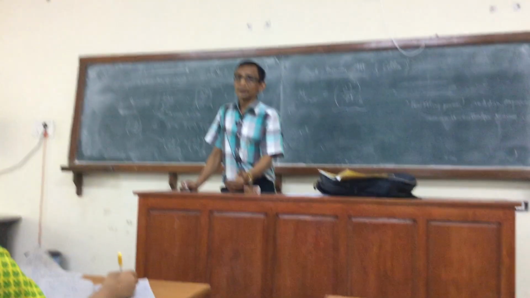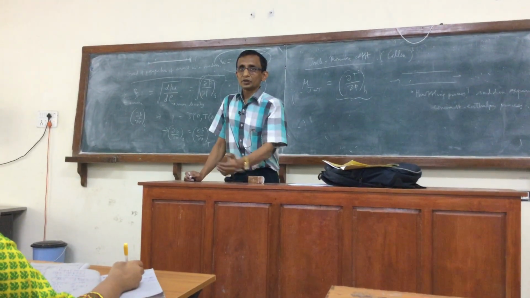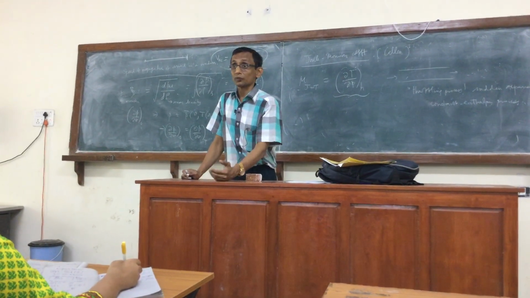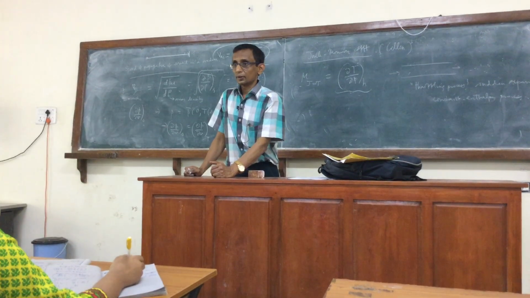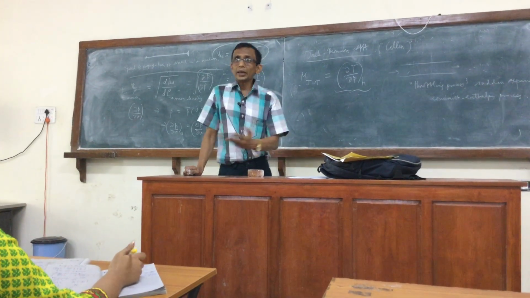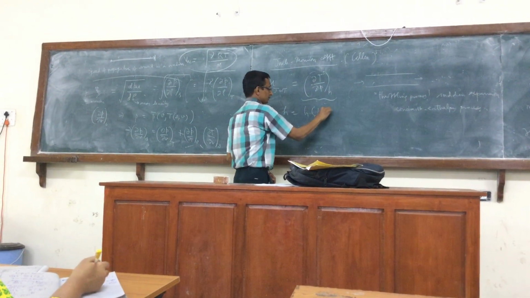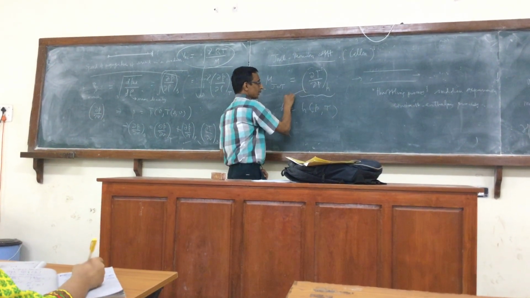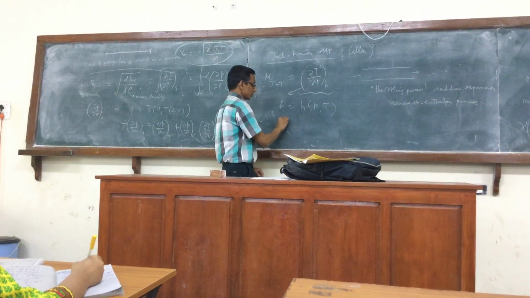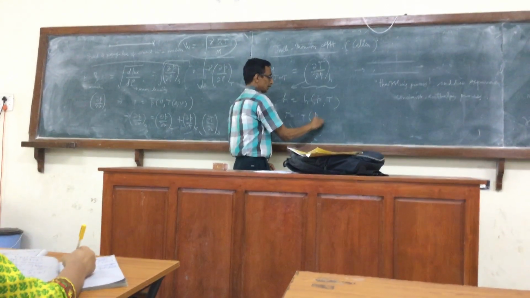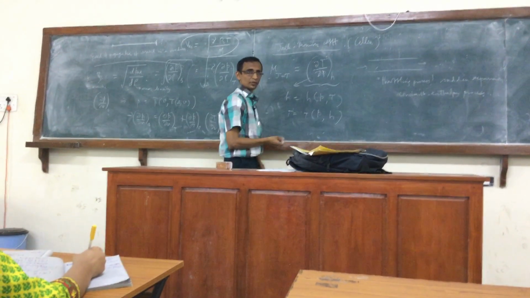We should consider H as a function of V and T, H as a function of P and T, and so on. Now, what do we need to consider? P and T, very straightforward actually. H is a function of P and T, but this considers T as a function of P and H. That is how you get that derivative.